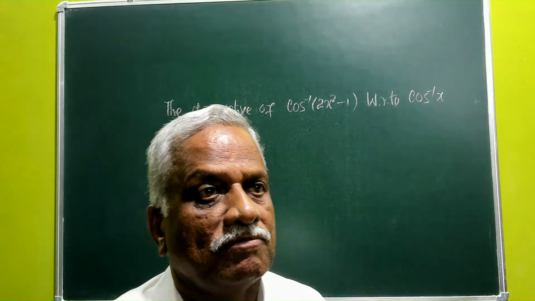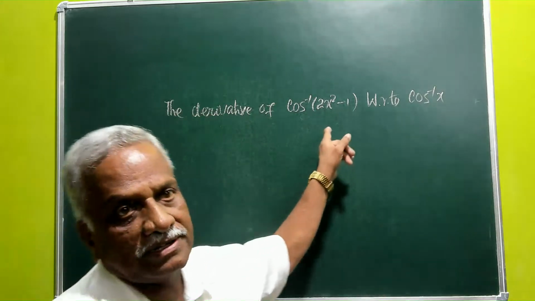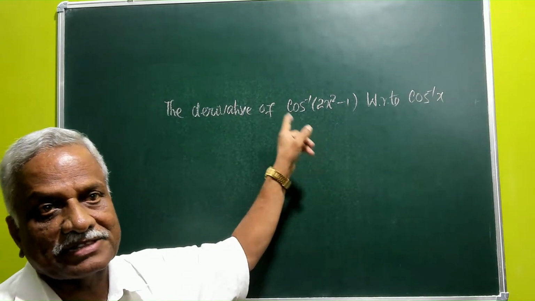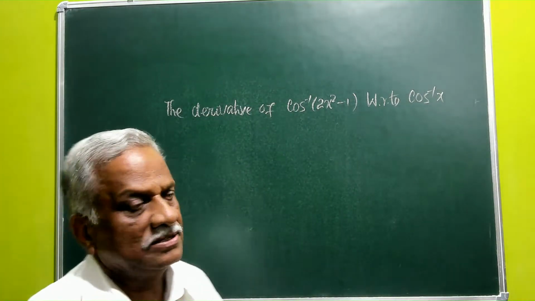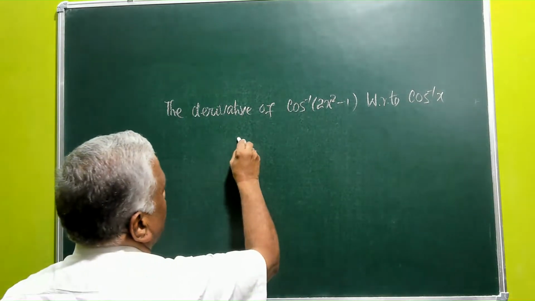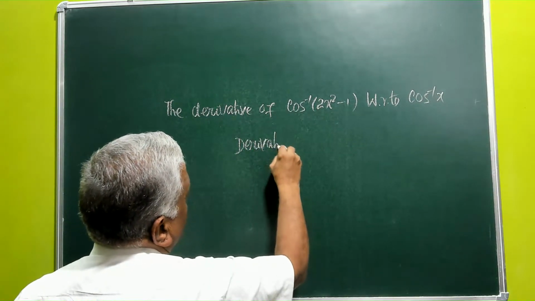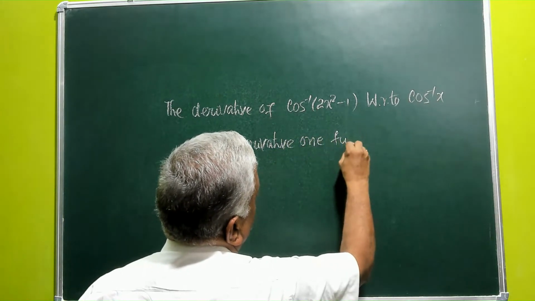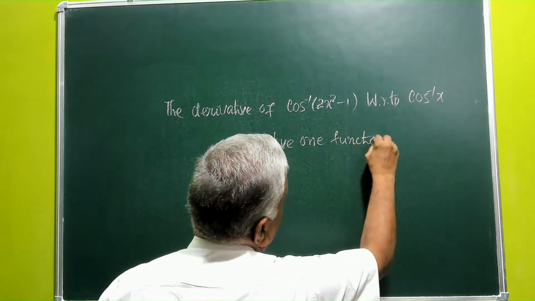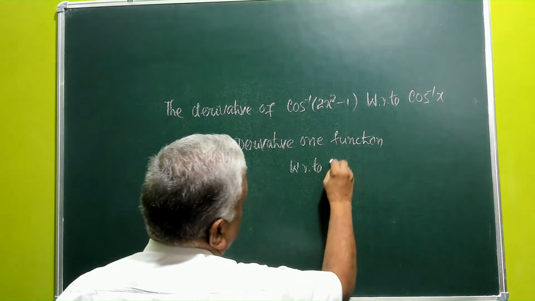All this time, we were differentiating with respect to x. But here we are not differentiating with respect to x, we are differentiating with respect to cos inverse x. So what is the chapter? Derivative of one function with respect to another function.